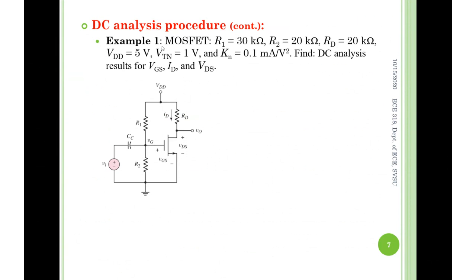Anyone knows what we are using this VTN for? Where are we going to use it? Our equation for ID. Very good, that's a very good memory.